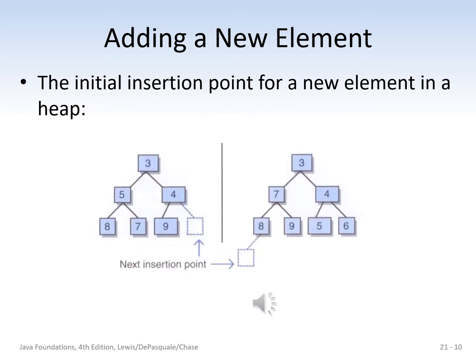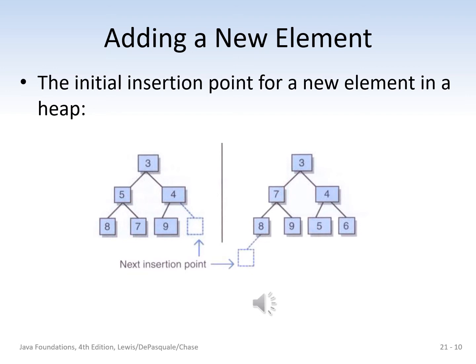Now I'm going to walk you through a graphic depiction of inserting or adding a new element to an existing heap. We have two examples of heaps, one on the left, one on the right.